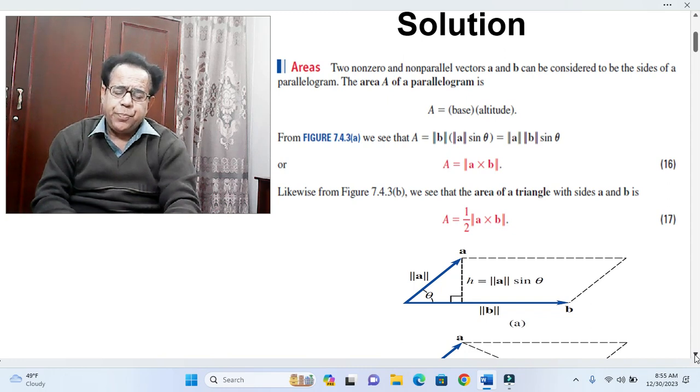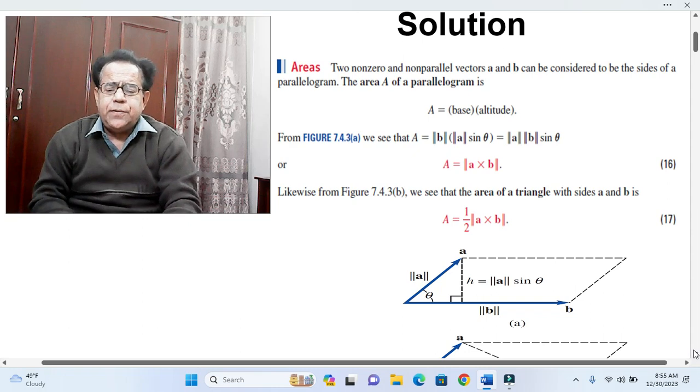So dear students, from here we can easily conclude that almost the same procedure is applicable for the determination of the area of a triangle as well as the area of a parallelogram. The only difference is that in case of a triangle we have to divide that area by 2.